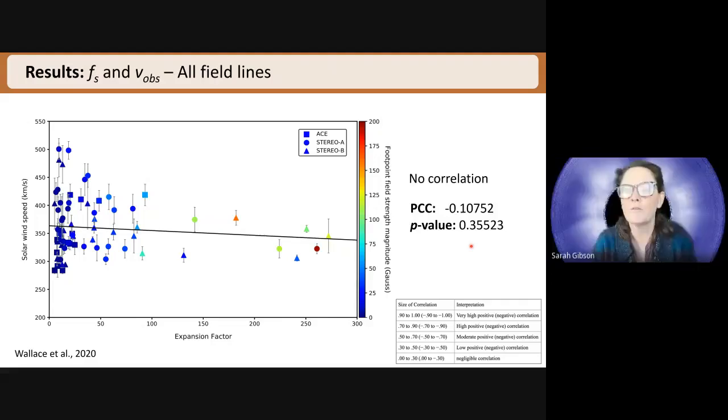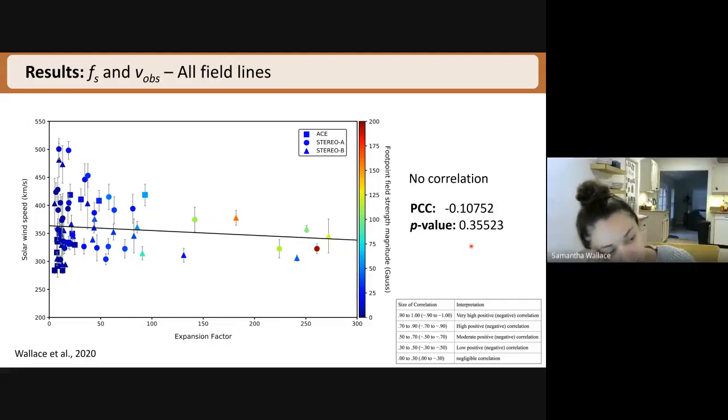Yes. Expansion factor versus height. That's something that we've talked about. Basically what we could do is replace expansion factor, as traditionally defined by Wang and Sheeley, with the maximum value. So everywhere along the field line, whatever the maximum value of the expansion factor was would be the new quantity.